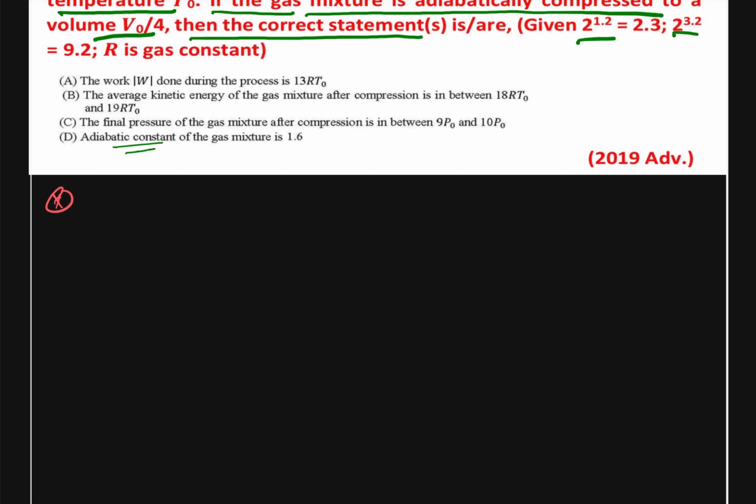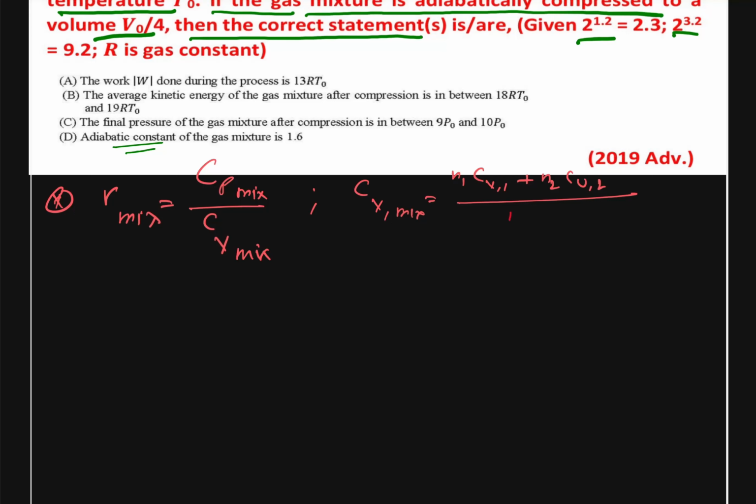So we can say our gamma for our mixture will be equal to C of P for our mixture over C of V for our mixture, and we know that our C of V for our mixture will be equal to our first C of V plus our second C of V, weighted by the number of moles, first plus second.